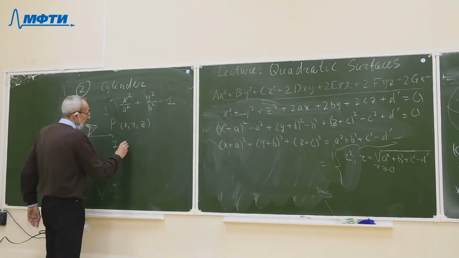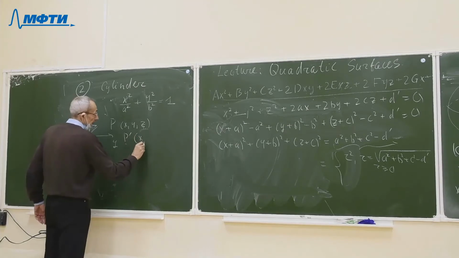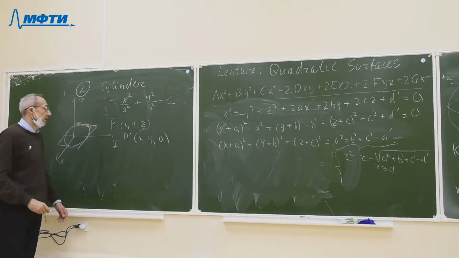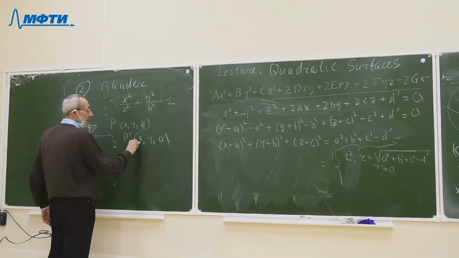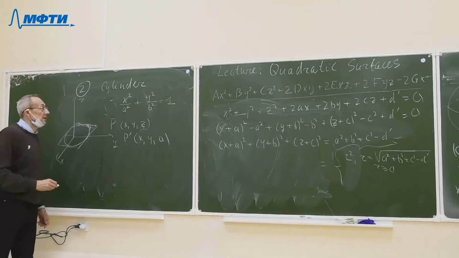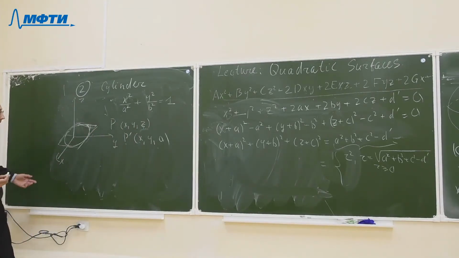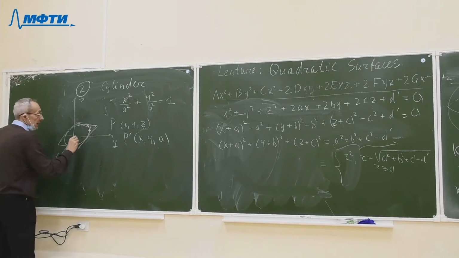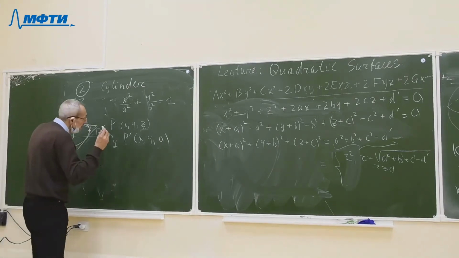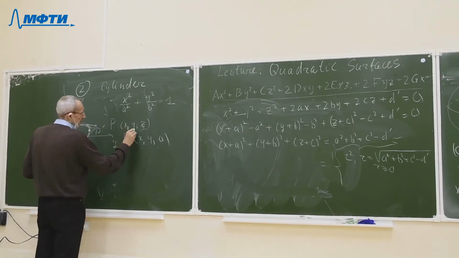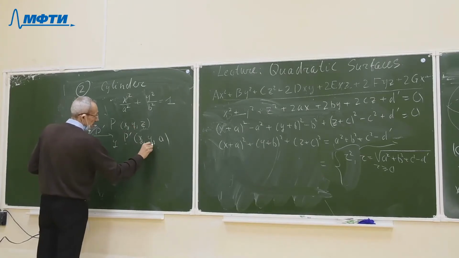For example, if z is equal to 0, let P prime be the point with coordinates x, y, 0, such that x and y satisfy this equation, and we obtain some point P prime which lies on our curve. Let's fix this point x0, y0.